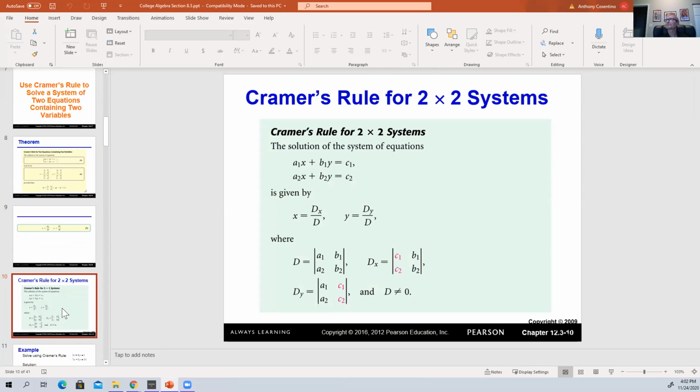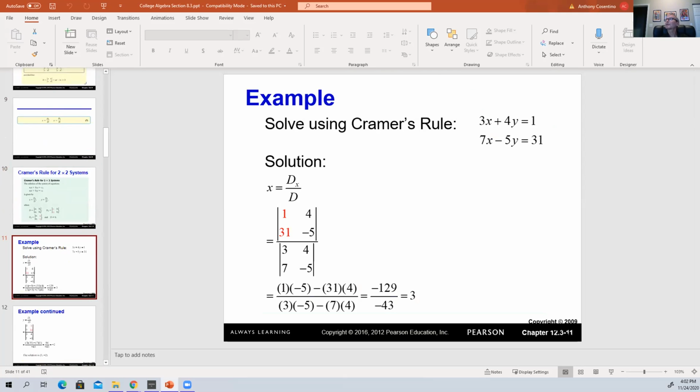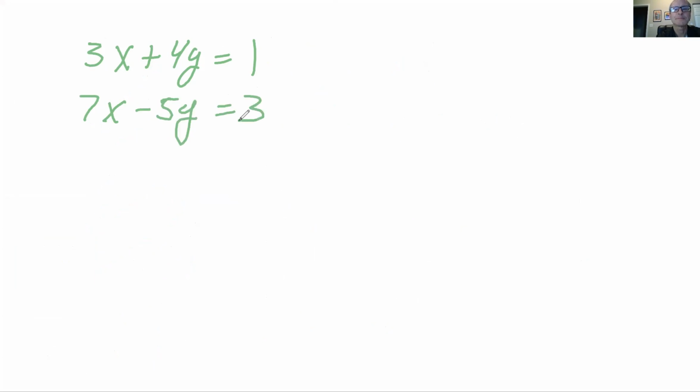And so let's solve this particular example. And so this example is 3x plus 4y equals 1, and 7x minus 5y equals 31.